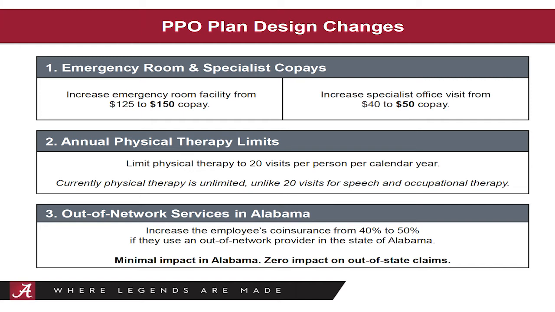There will be an increase in the co-insurance from 40 to 50% if you use an out-of-network provider in the state of Alabama. This is going to have minimal impact in Alabama. Blue Cross Blue Shield has a very large network, and the vast majority of providers in the state is considered in-network. But if you do receive services from an out-of-network provider, you will be paying more out-of-pocket for that cost, and it does have zero impact out-of-state.